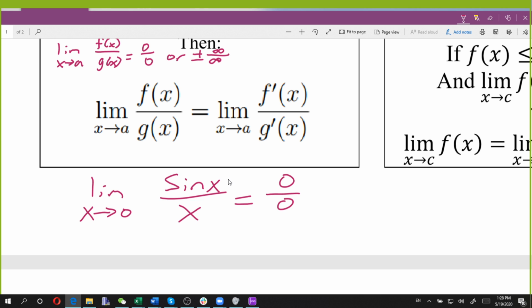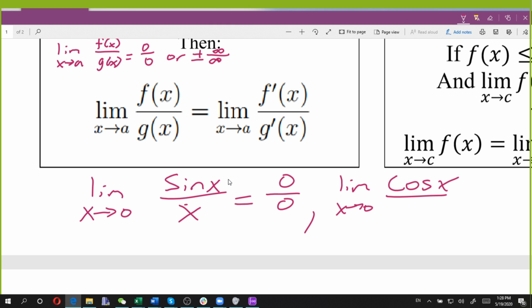So that means we can use L'Hospital's rule. So if I take the limit as x approaches 0 of the derivative, Sarah, what's the derivative of sine? Cosine. So this is the cosine.